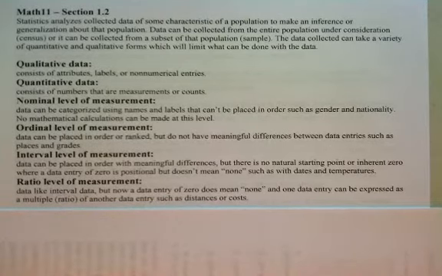And then finally, we have the ratio level of measurement. Data such as interval data. However, now the zeros do mean none and can be expressed as a multiple ratio. So, for instance, you can talk about twice the cost or twice the distance. Whereas, for instance, if you said, hey, it's 10 degrees outside versus 5 degrees outside, it's not really twice the heat.